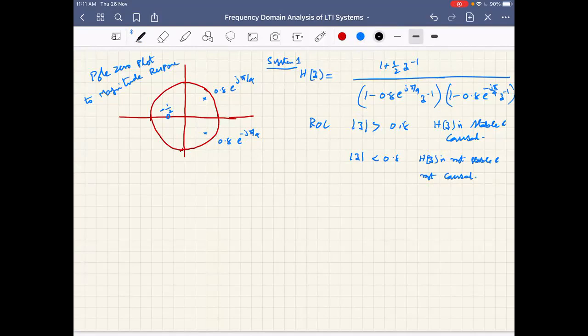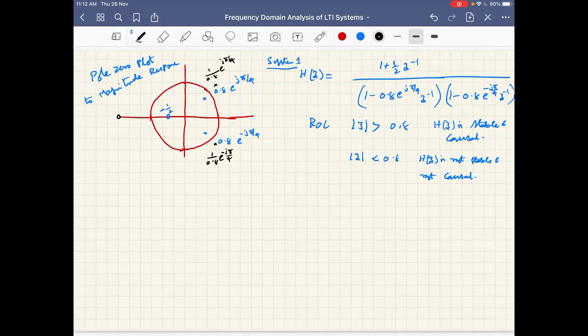Assume that I put zeros and poles of that system. This is 1 by 0.8 e power minus j pi by 4, and this is 1 by 0.8 e power j pi by 4.